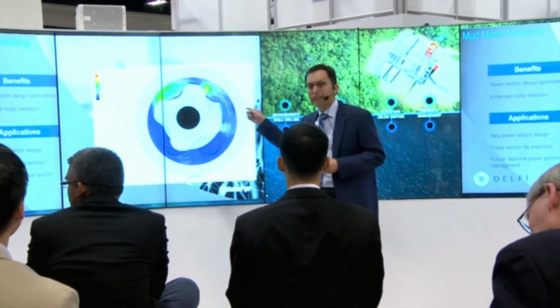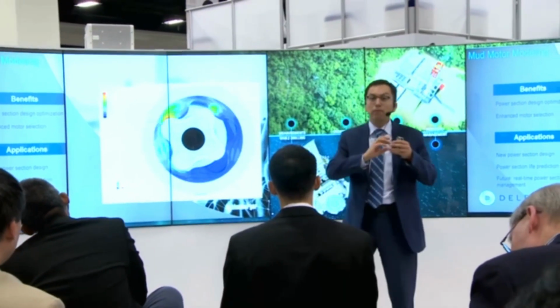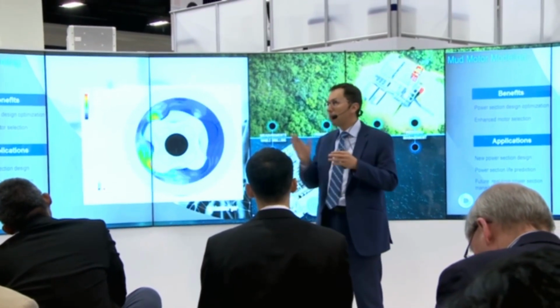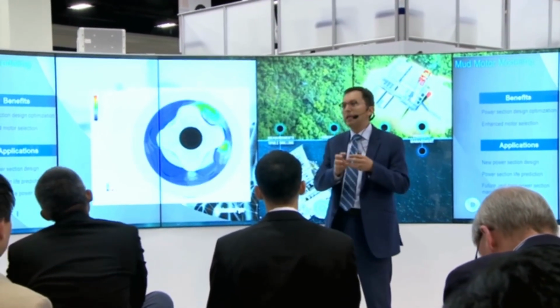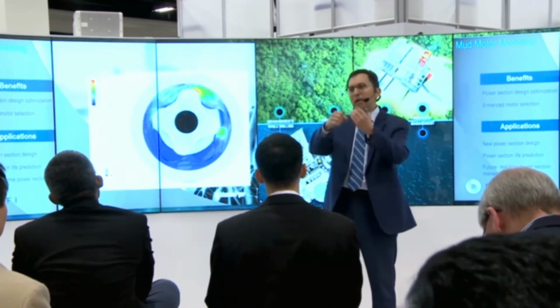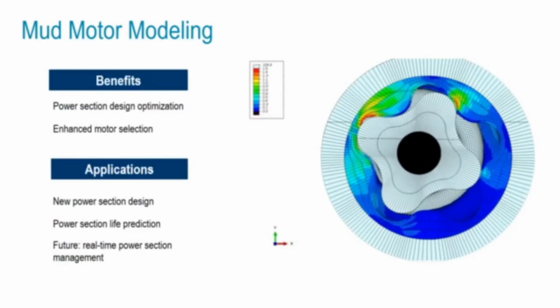The other very important factor here is the fluid behavior within the rotor stator cavities. That plays a very huge role in this, and it is something that is also very complex. And if you add things like the bending of the motor as you operate it, all of this is incorporated into the model.